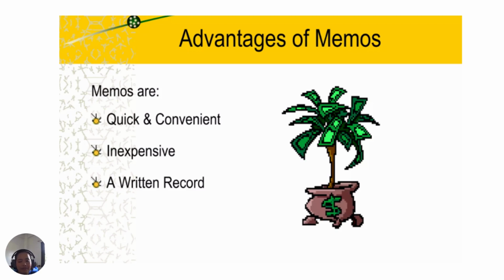Without following the memos, they would be guilty of insubordination, which is one of the rules the company works with. In short, if you have insubordination, you can be kicked out of the company or organization. That's the advantage of the memorandum.